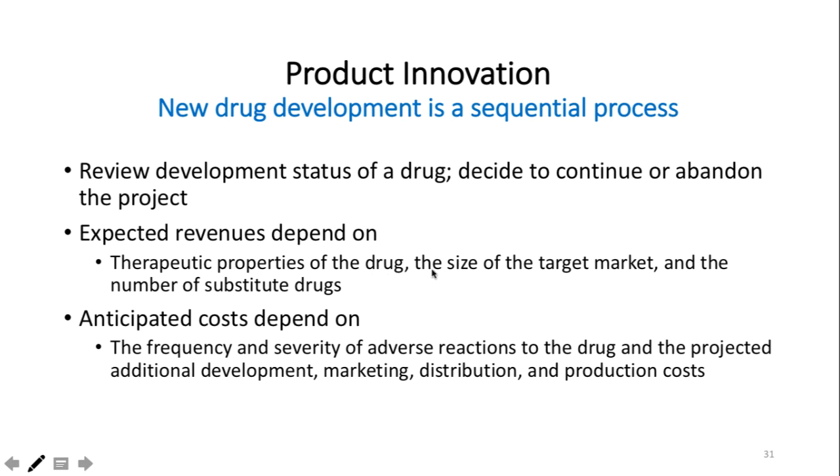So if you make a mistake, then your estimation of the target market will actually be wrong. And then for the size of the target market, you also have to find the number of substitutes and determine basically what would be the potential market share for your product.